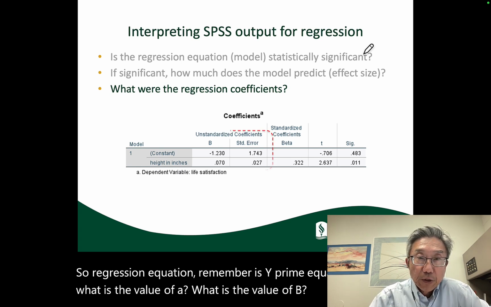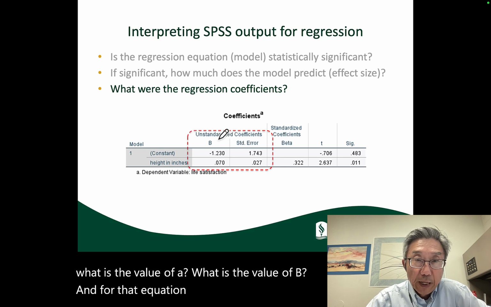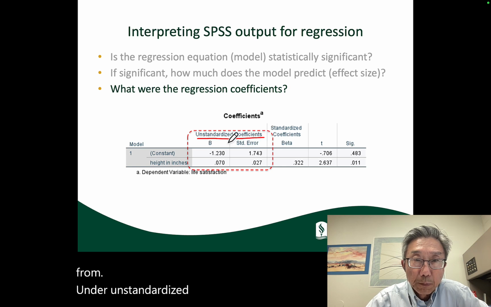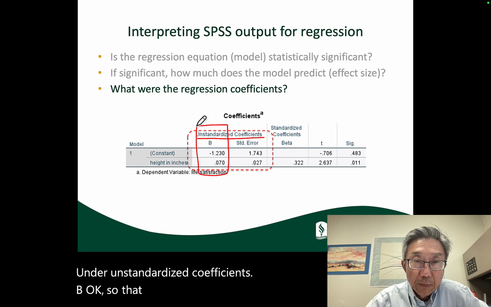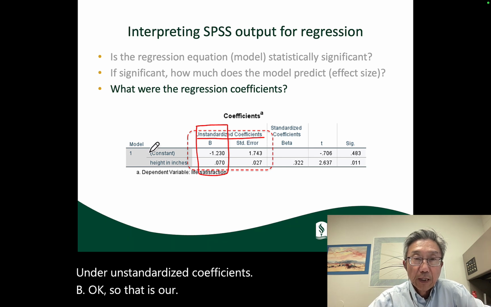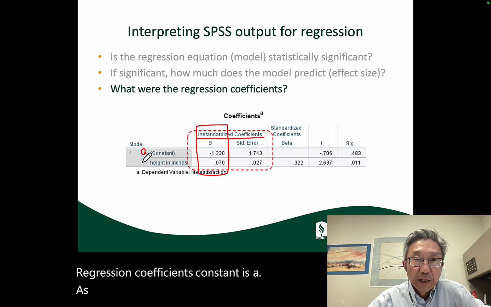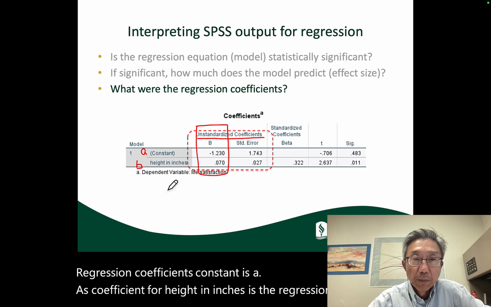And for that equation, we can get those numbers from under unstandardized coefficients, B. Okay, so that is our regression coefficients. Constant is a. And the coefficient for height in inches is the regression coefficient, or the slope b.